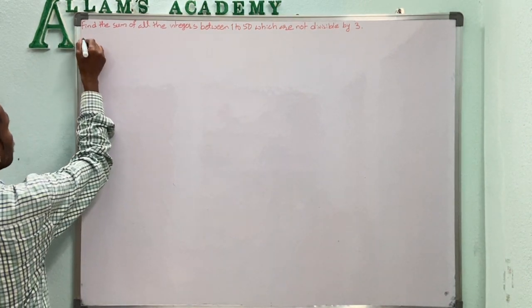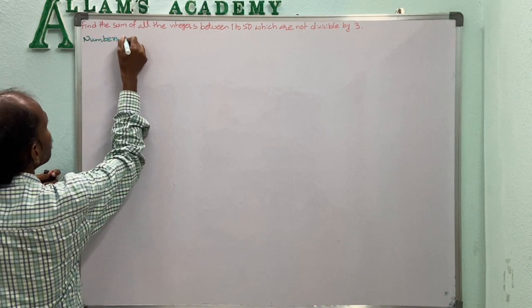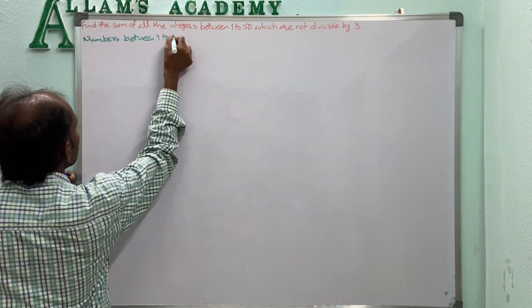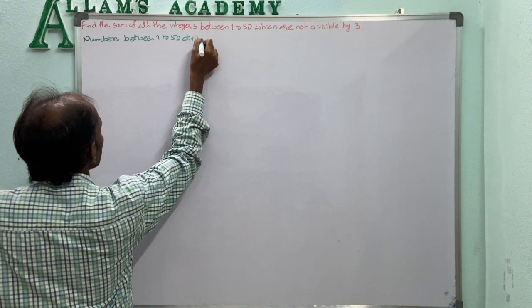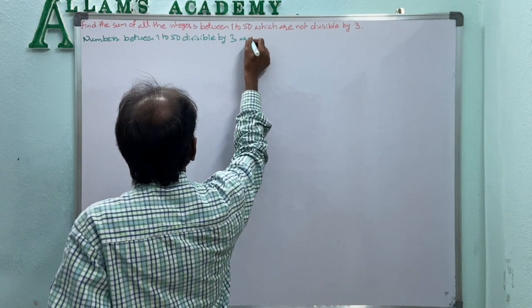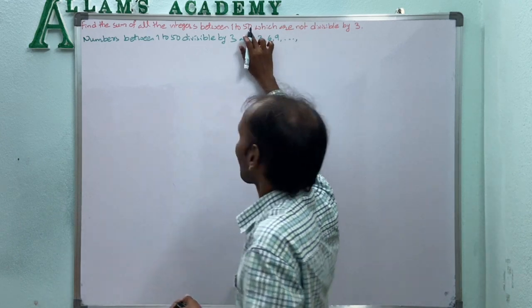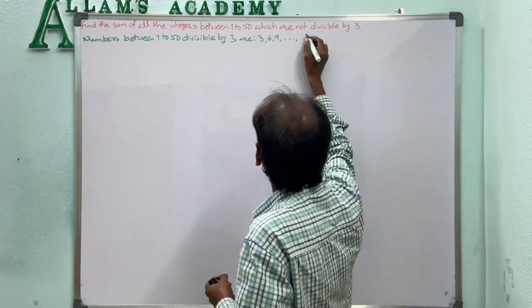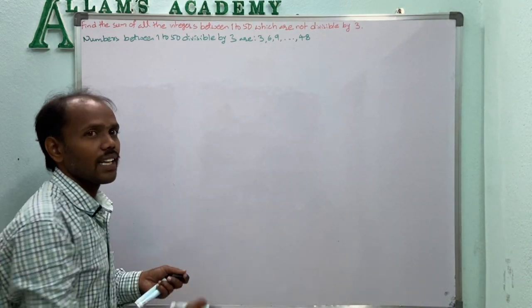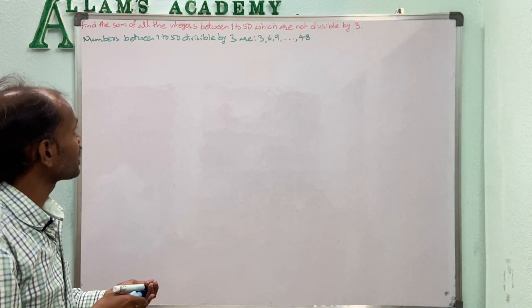The numbers between 1 to 50 divisible by 3 are starting from 3, 6, 9 and so on. The last number is 48, 3 16s 48. So up to 48 are divisible. But here we are asked for those not divisible by 3.